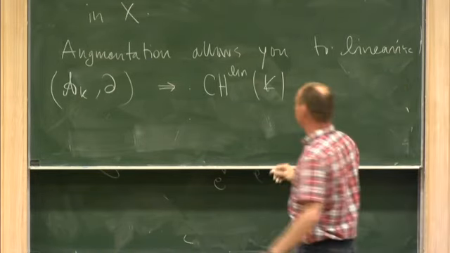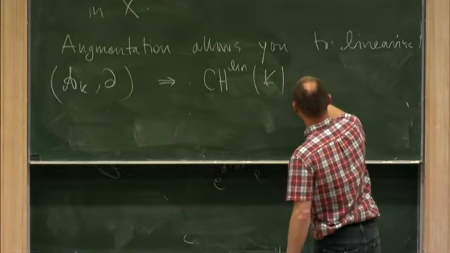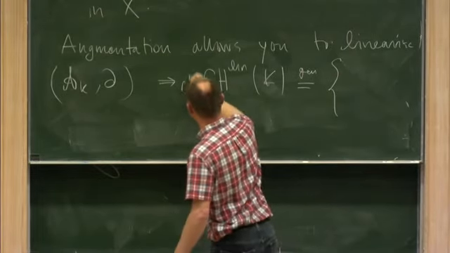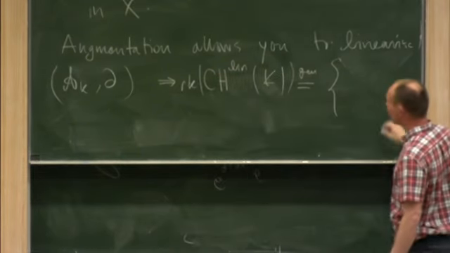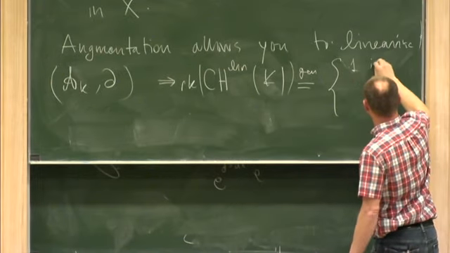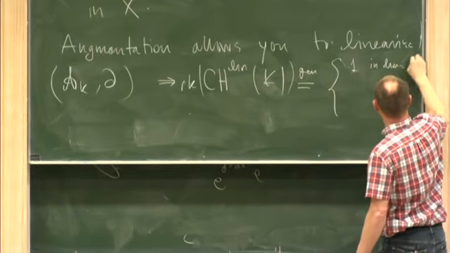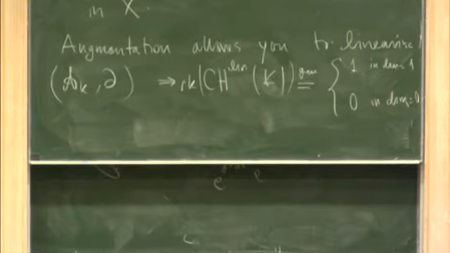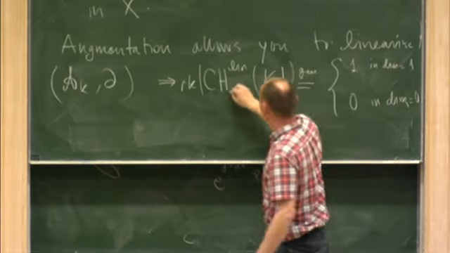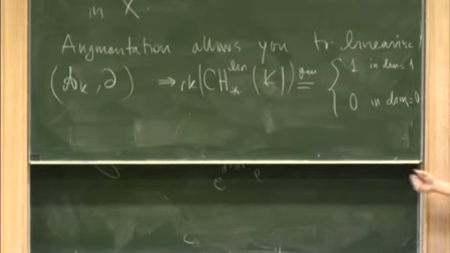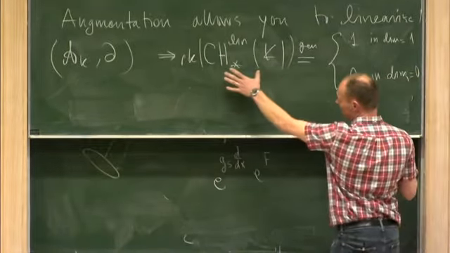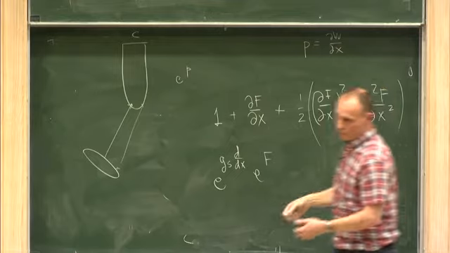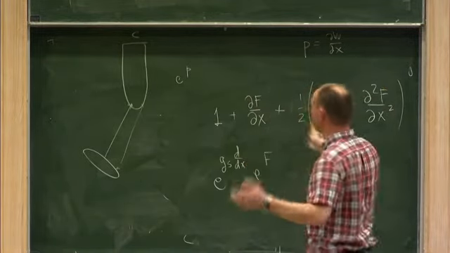And that calculation gives you that this is generically of rank 1 in dimension 1 and 0 in dimension 0. So this is dimension, or grading.